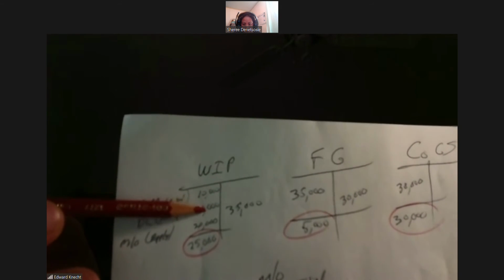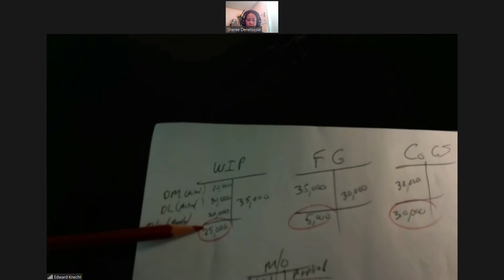Of the 60,000, 35,000 got finished and got transferred to finished goods. What was left is 25,000. Of this 25,000, some of it is direct materials, some of it is direct labor, and some of it is the applied overhead, right?